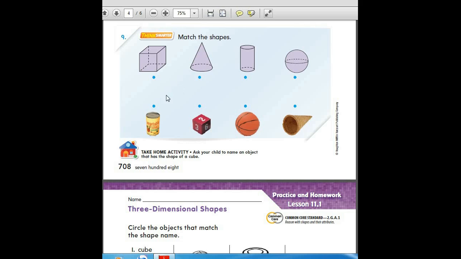Number 2, the cone looks like the can, ball or the ice cream cone. Yes, the ice cream cone. The third one, which is cylinder, looks like, yes, a can of Pepsi or this can. The fourth one, which is a sphere, looks like in our real life the ball.